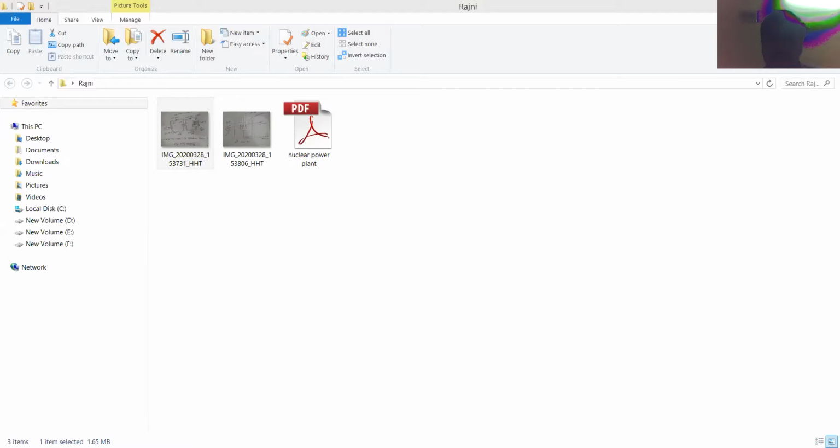It is made up of uranium-235 or plutonium-239, and when we bombard it with neutrons, a fission reaction will take place.